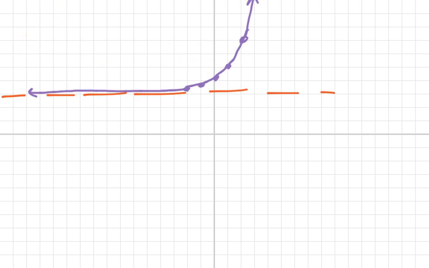Okay, so that was 2 to the x plus 3. Let's do 2 to the x minus 3. So at negative 2, we have negative 2 3/4. That's about there. Negative 1, negative 2.5.